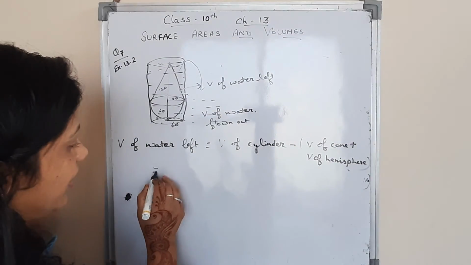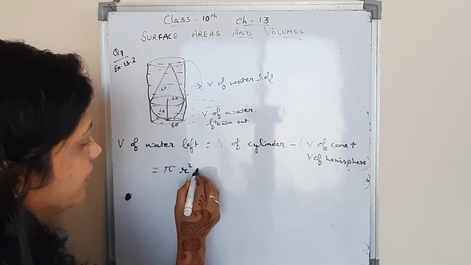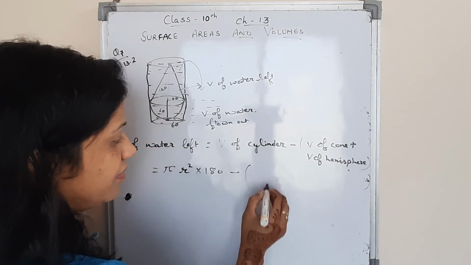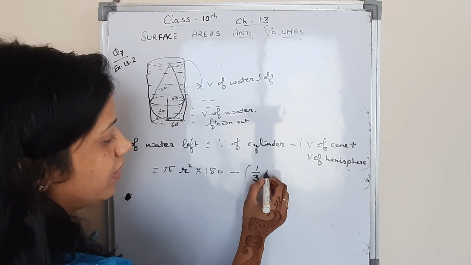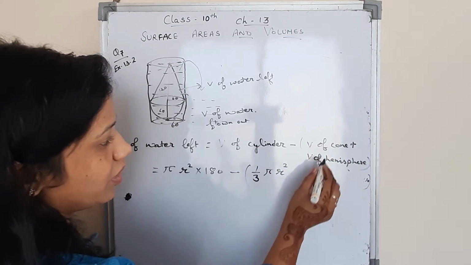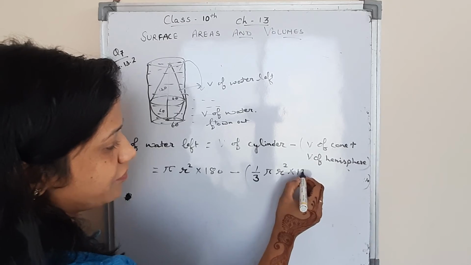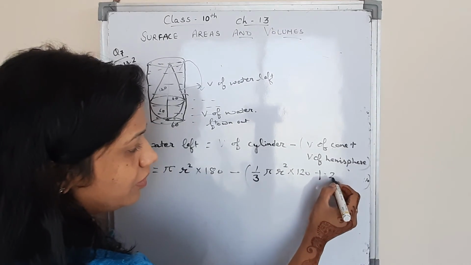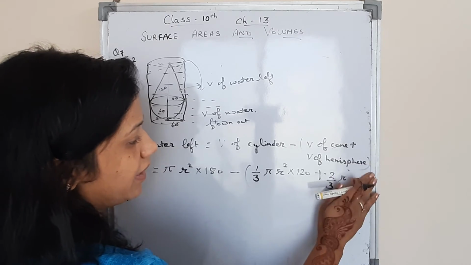So volume of cylinder pi r square h, but the h is different, 180, minus volume of cone 1 by 3 pi r square, and its h is different, 120, plus volume of hemisphere 2 by 3 pi r cube.